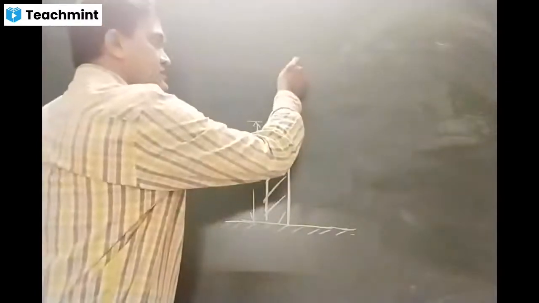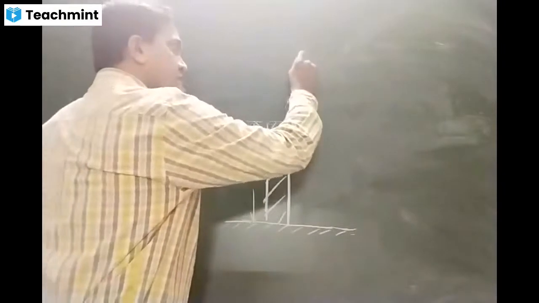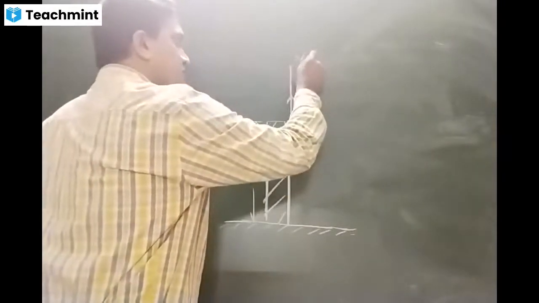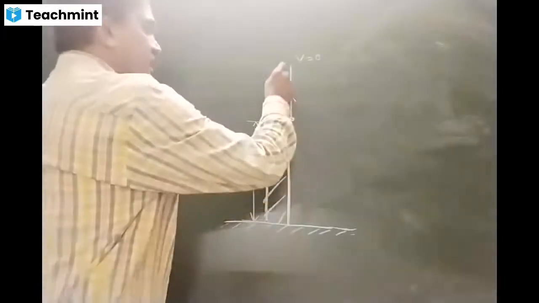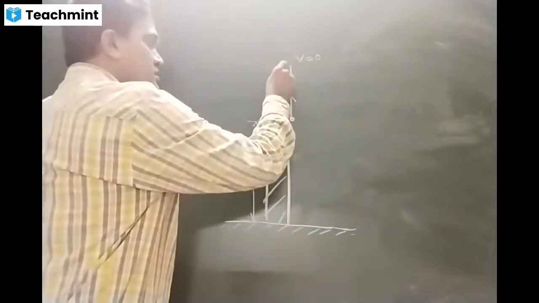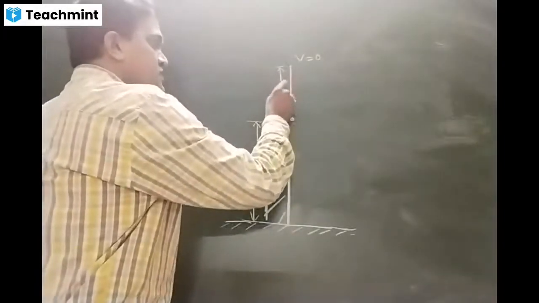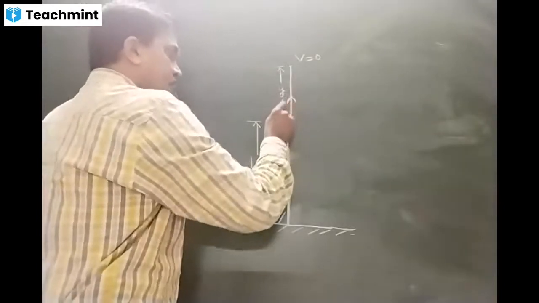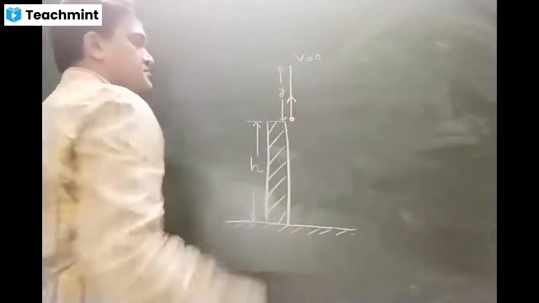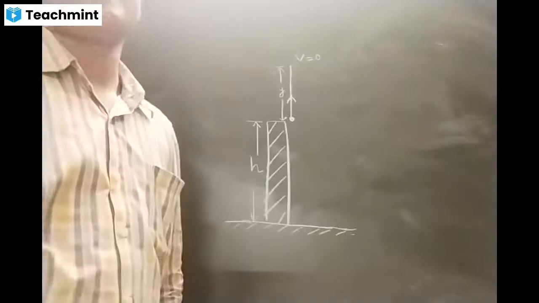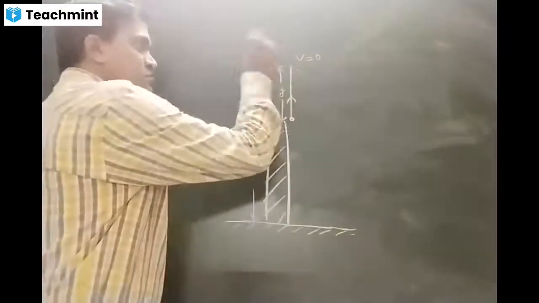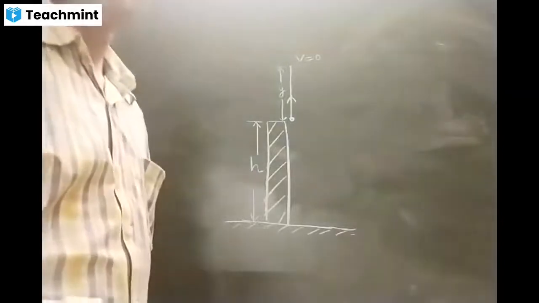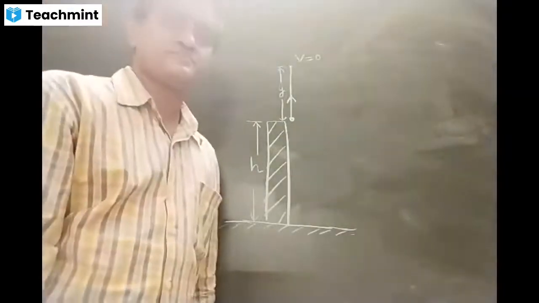Now at this point, let me take the velocity of the particle as 0, and let me take the distance covered as y along a straight line. Now at this point, will the particle remain there or fall down again?